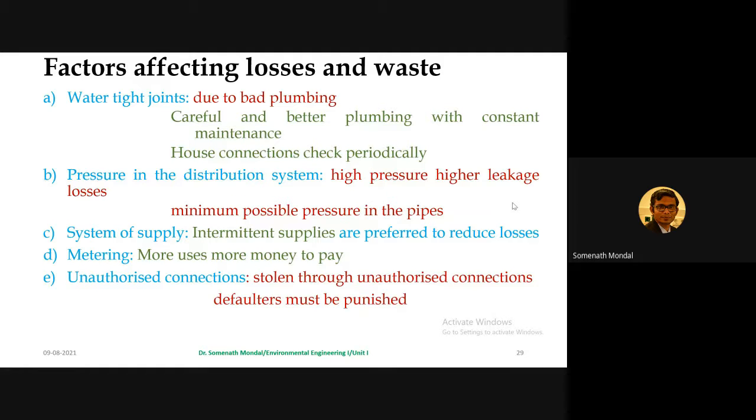At the same time, house connections should also be checked frequently, so that nothing is leaking through those connections.